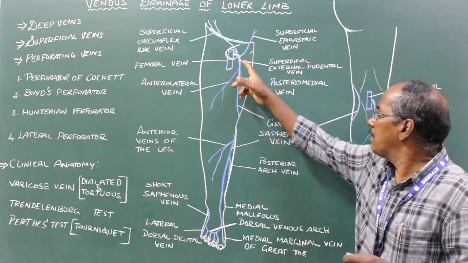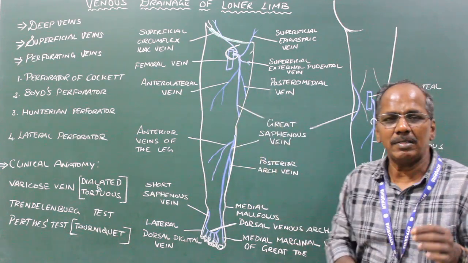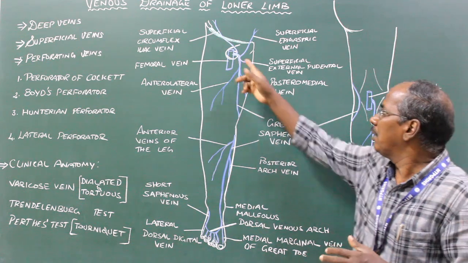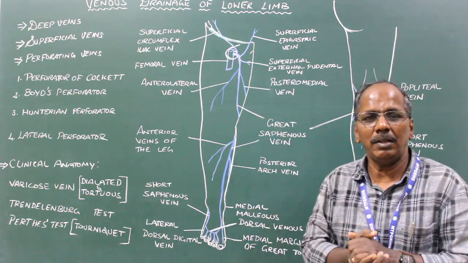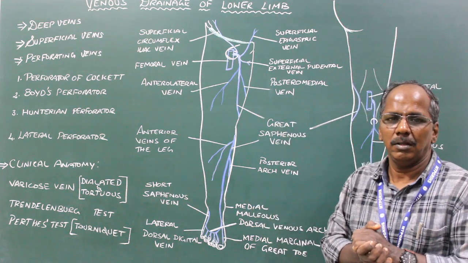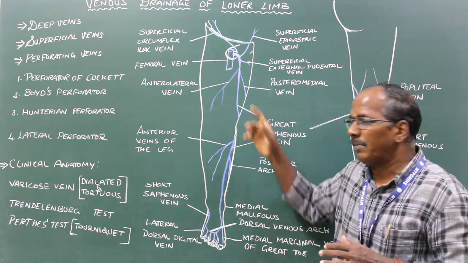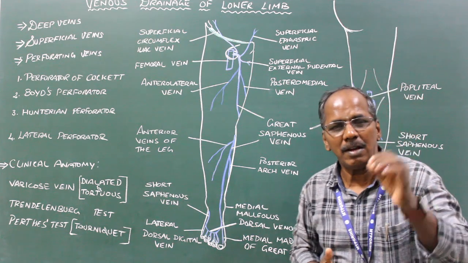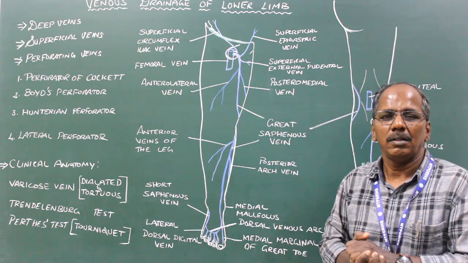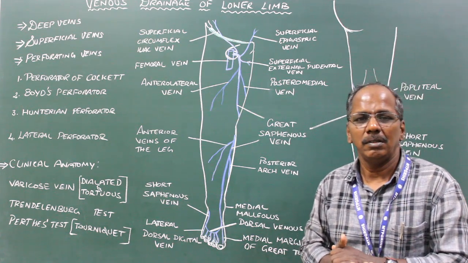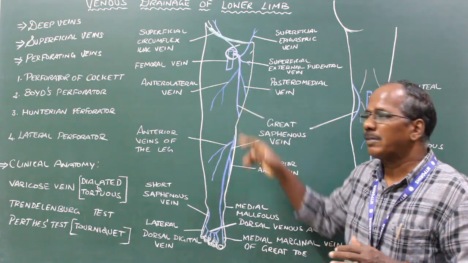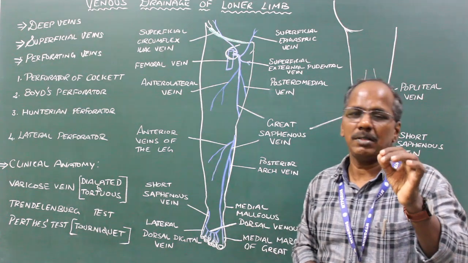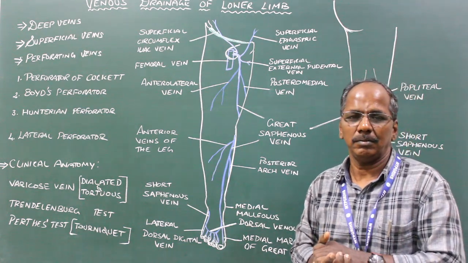To test the incompetency of the valves present in the superficial veins, the pressure is released quickly. If the superficial vein starts to fill rapidly and if it results in varicosity, the test is positive and the varicose veins are due to the incompetency of the valves present in the superficial veins.